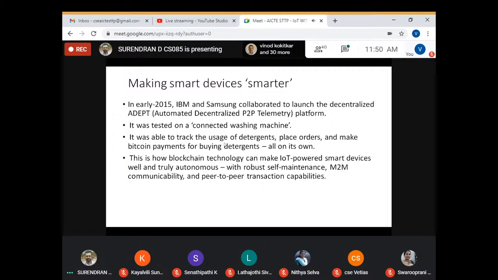Certain lower-level configuration things can be done remotely. So it was able to track usage, place orders for returns, and make Bitcoin payments all on its own. This is how blockchain technology can make IoT-powered smart devices well and truly autonomous, with robust self-maintenance, machine-to-machine communication, and peer-to-peer transaction capabilities.